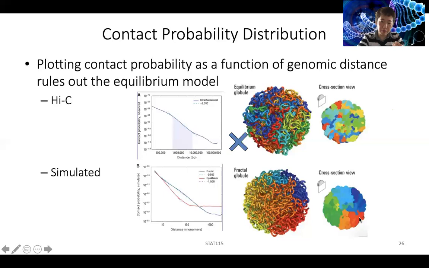Even though some of them are on the outside of the nucleus and some on the inside, they still roughly try to stay together rather than being completely free floating in the nucleus. Does that make sense? Let me look at the chat. Sorry, I'm losing my chat window. Oh, there.